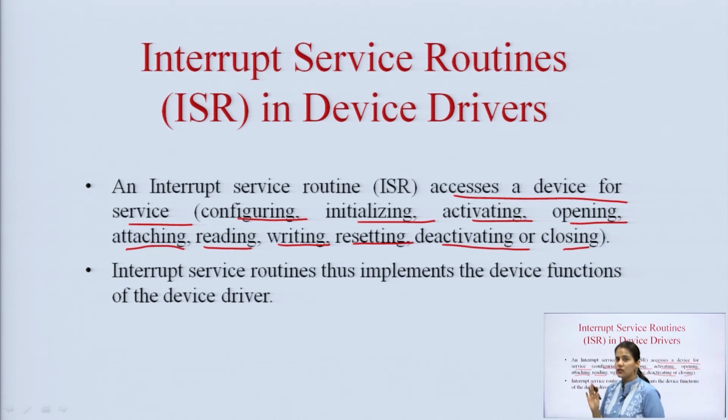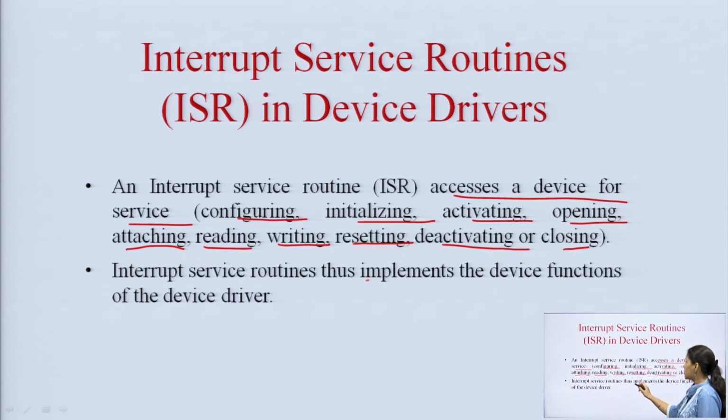All these services which I have mentioned in this slide are related to a device. These are all the functionalities which a particular device can perform or we can perform on a particular device. So, whenever the interrupt service routine occurs, it will trigger any of these services, any of these functions.